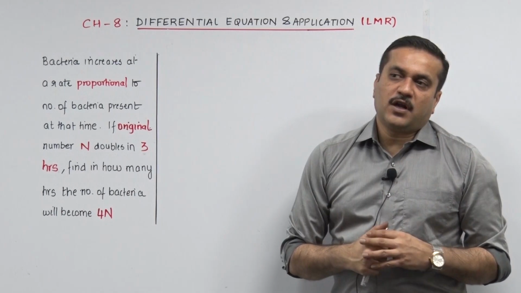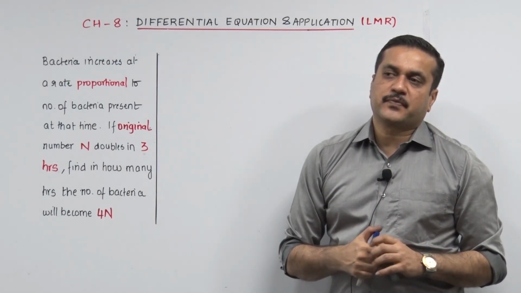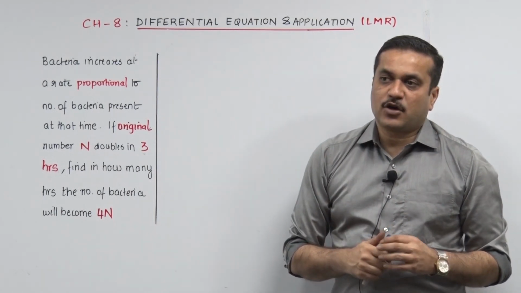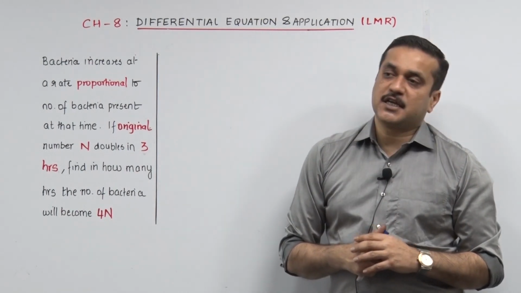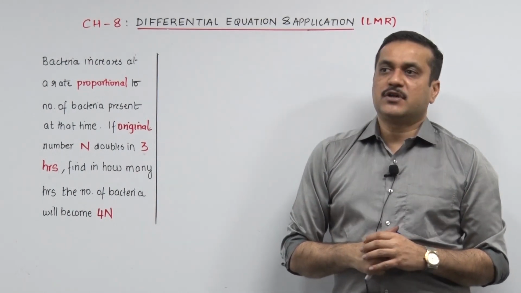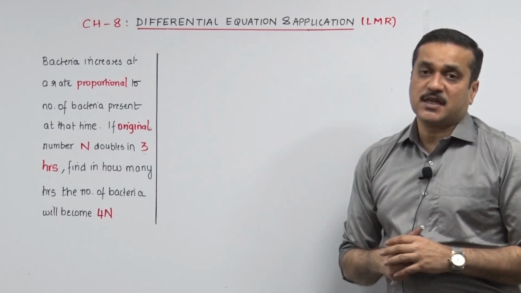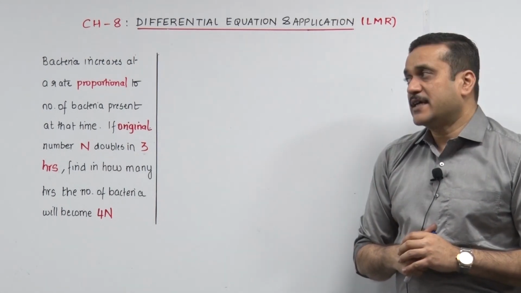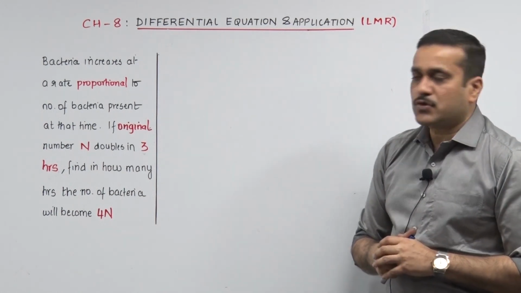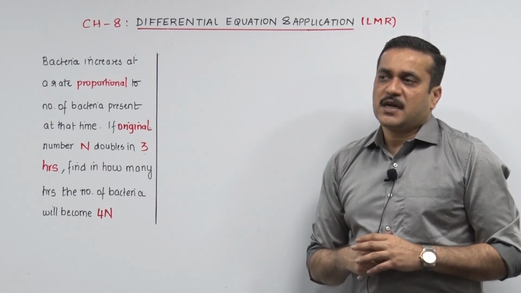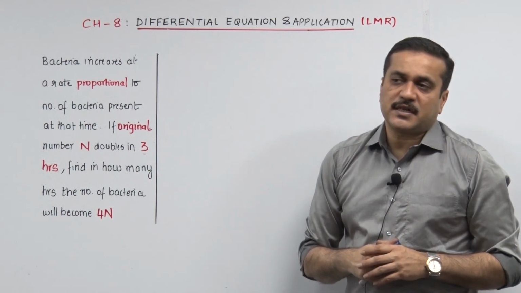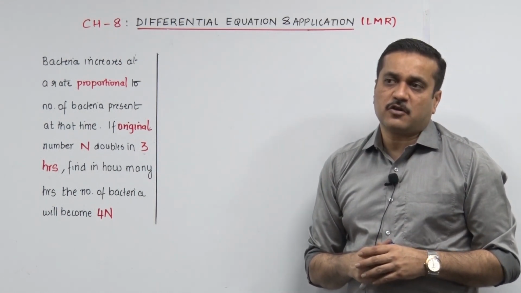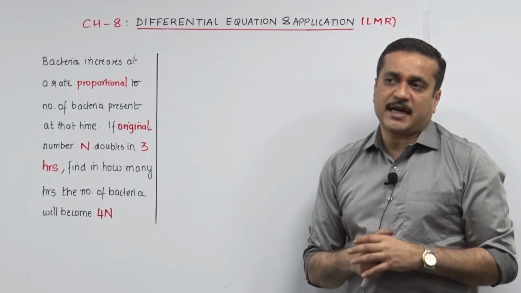So finally we have come down to the last segment of the last topic, application of differential equations, and I would really like to explain that using this example. It's a wonderful one. Before I start, I will just go through the question. It says the bacteria increases at a rate proportional to the number of bacteria present at that time.